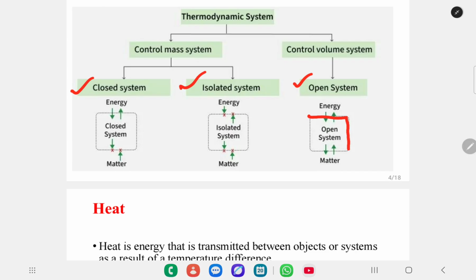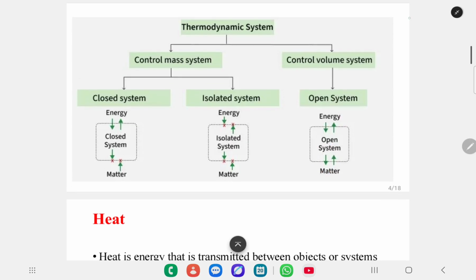Let us suppose this is a system. Inside you have some energy and some mass. If energy and mass can be exchanged with the outside, the outside energy can enter inside, the inside energy can go outside, the inside mass can come outside, and the outside mass can enter inside, that means there is an exchange of matter and energy.